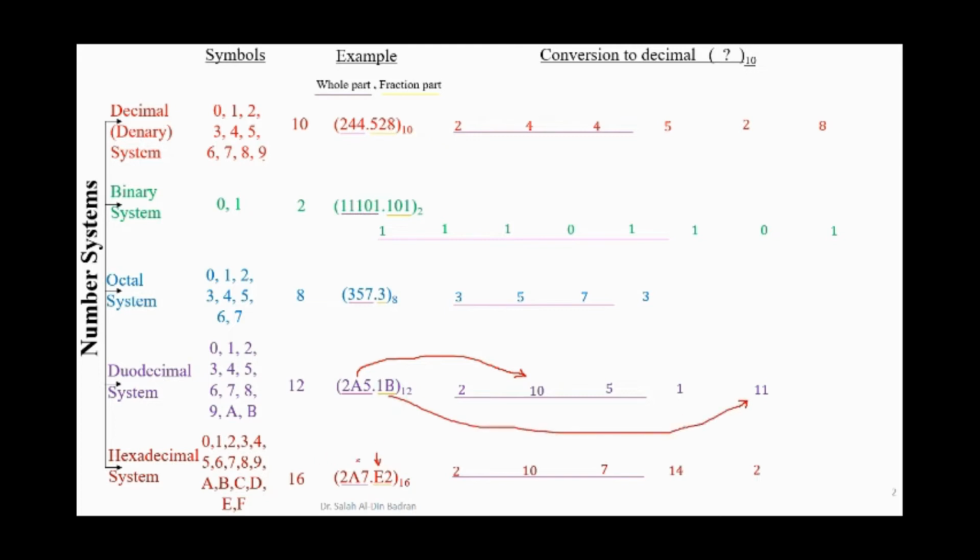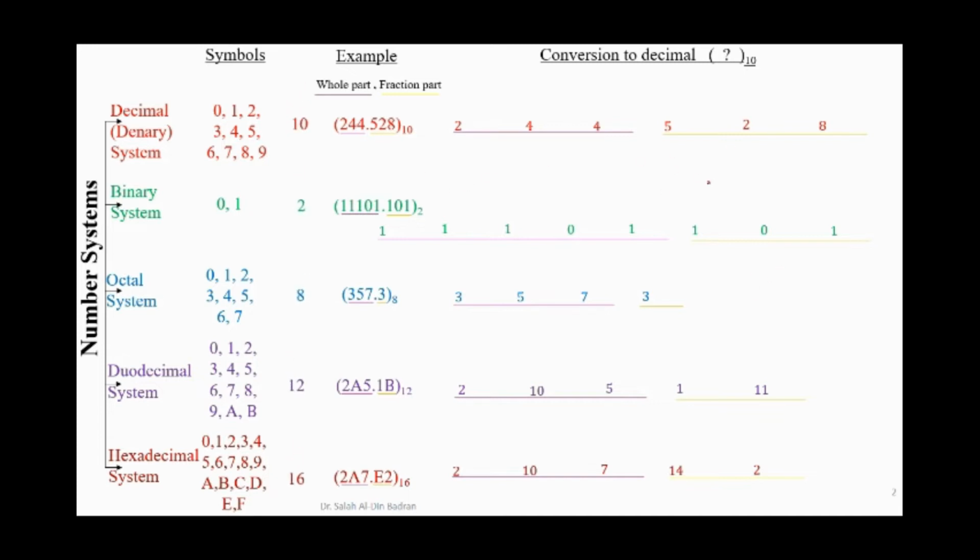We did the same thing here, A to 10 and E to 14, because we cannot perform these arithmetic operations with such symbols. These are the whole parts of the numbers, and these are the fractional parts.